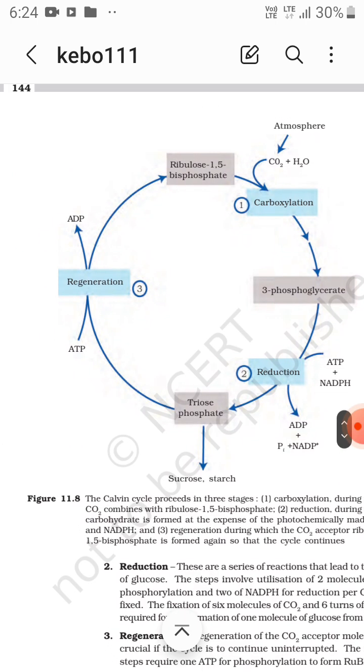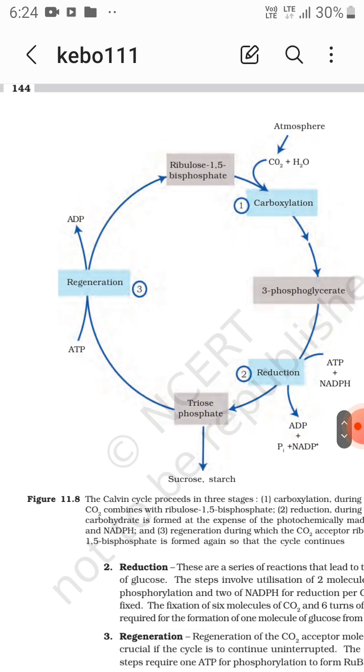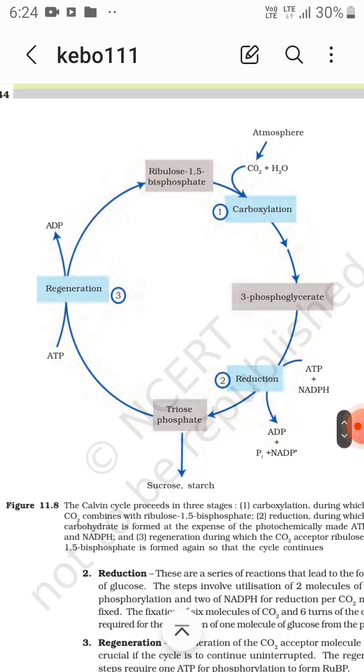Then there is the regeneration, where ATP is used. So this is it.